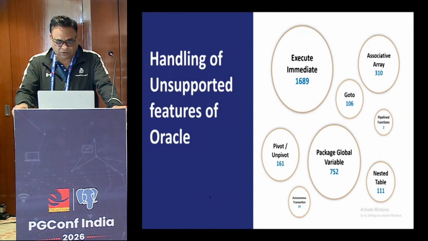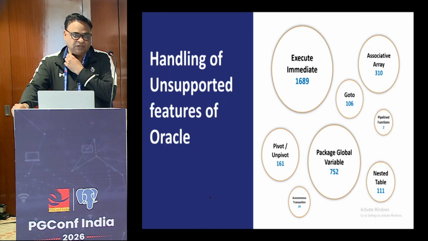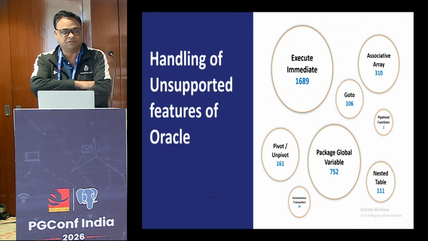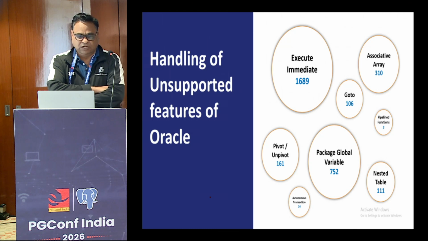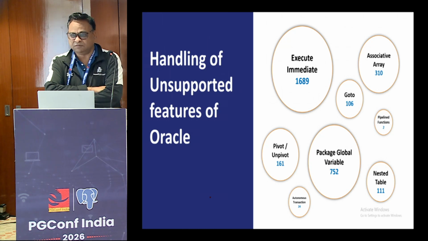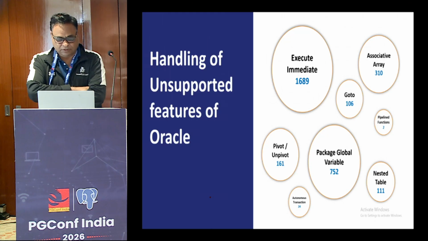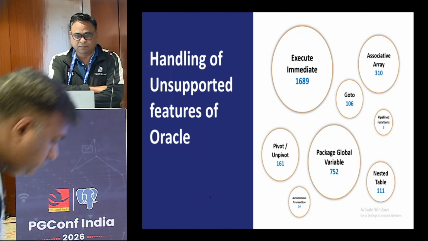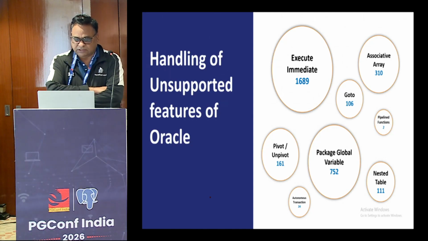So we talked about Oracle to Postgres migration. It looks like a very easy task, but Oracle has been in the industry for almost 50, 60 years now, and they have so many features which are very specific to the Oracle platform. They are not compatible with Postgres. These are some of the features here.